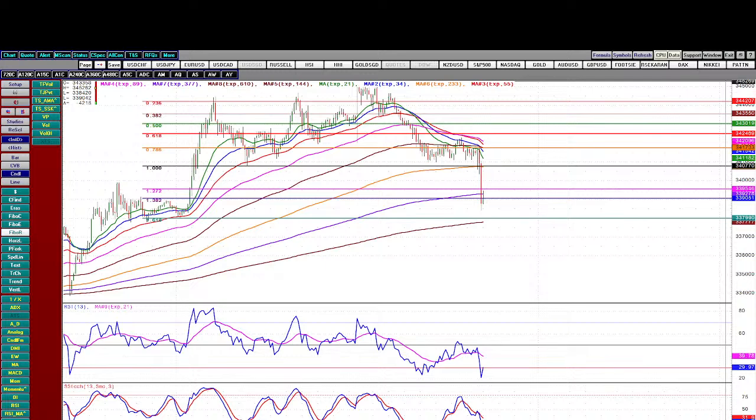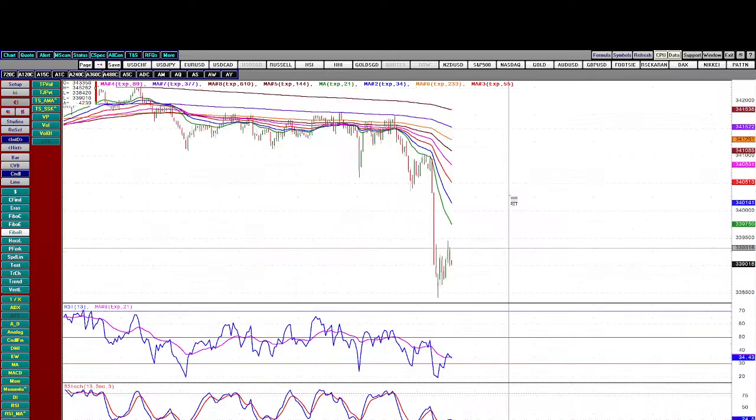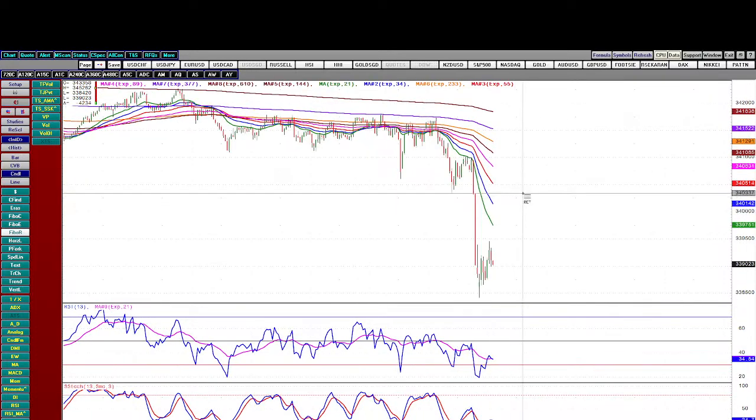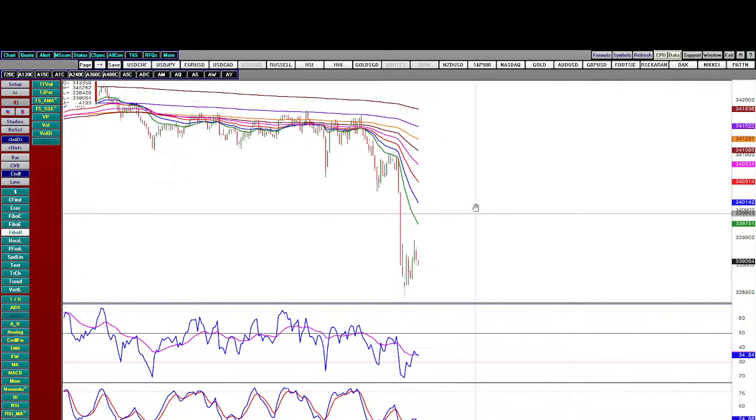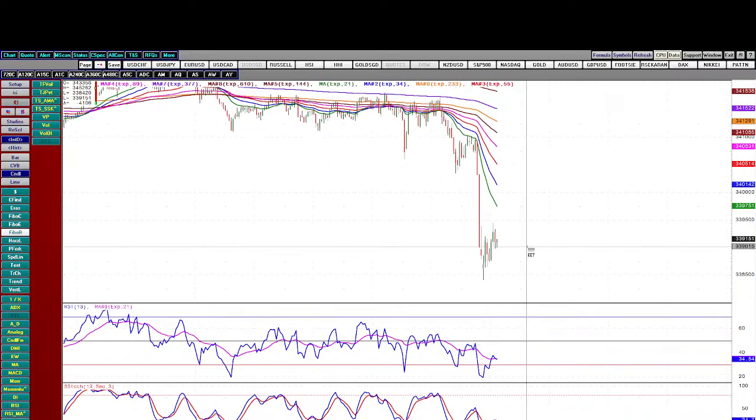So these are the two levels of exit we are looking for, 3403 and 3393, if we are going for a buy. So let's go for a cautious buy on gold.